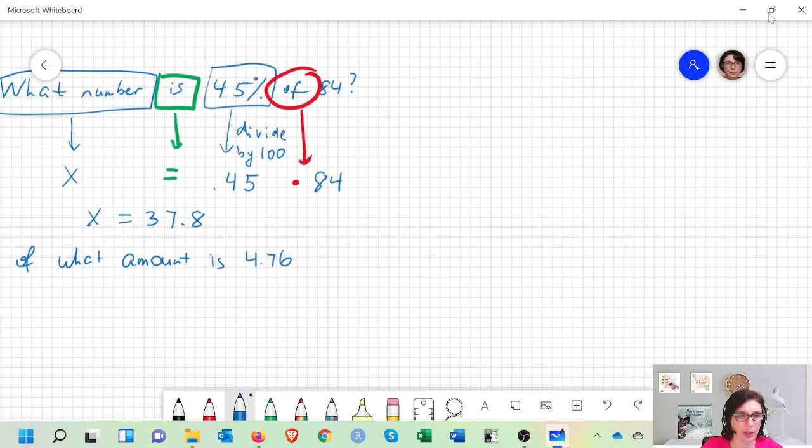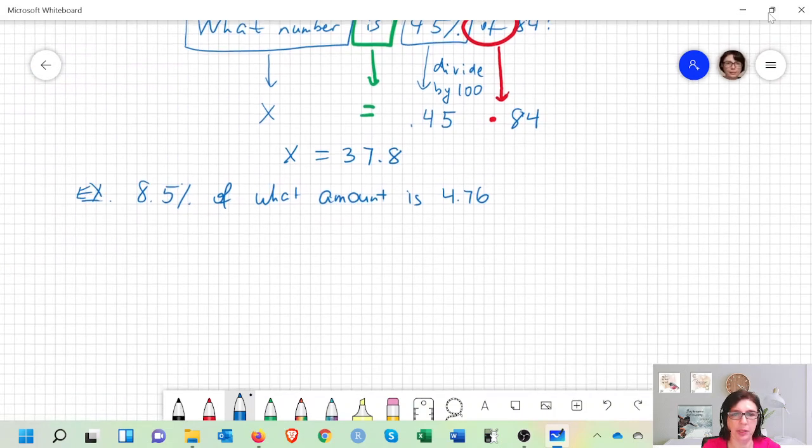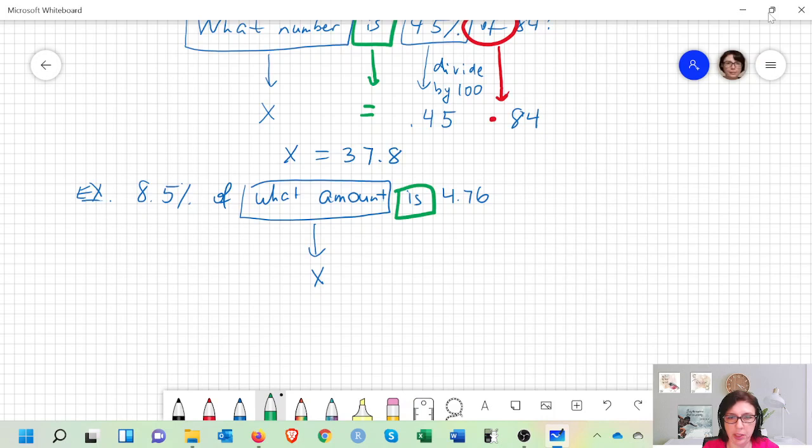Okay, so how do we do that? Well, translate it into math. Instead of what amount, we are going to use x. Great. Instead of is, remember is becomes an equal sign. Now 4.76 is just 4.76, so that didn't change.